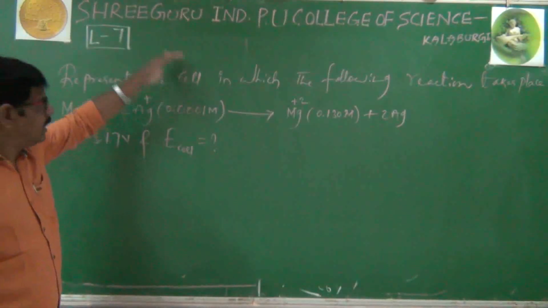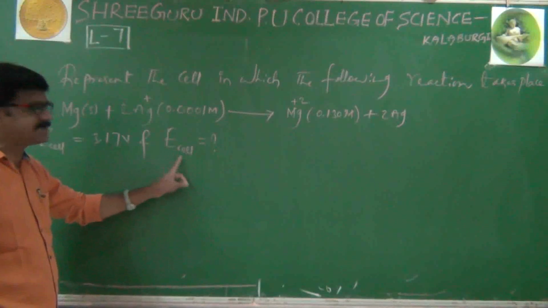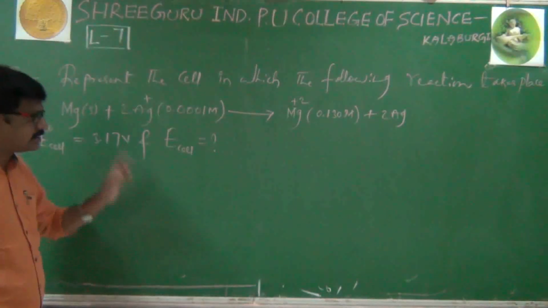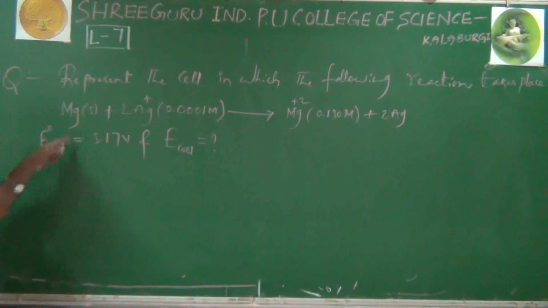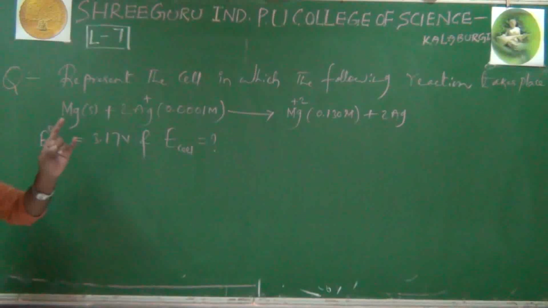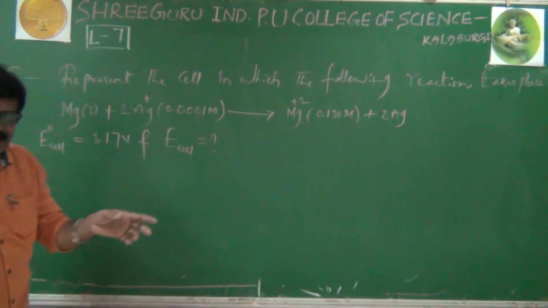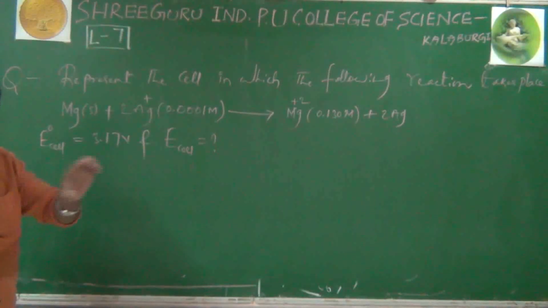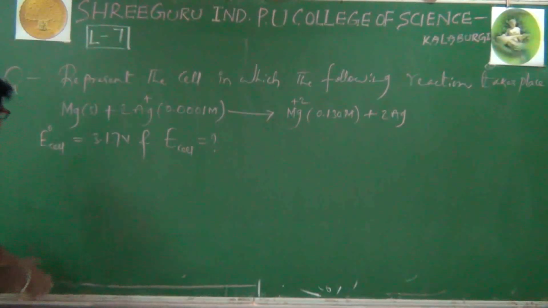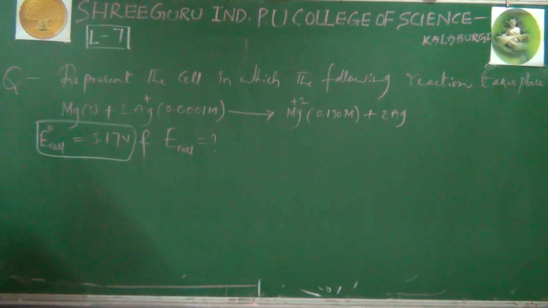After writing the cell symbol, then we will calculate cell potential. Here the E naught value is given directly, that is the advantage. That's why E naught right minus E naught left, or E naught cathode minus E naught anode calculation is not necessary. Directly the E naught cell value has been given.